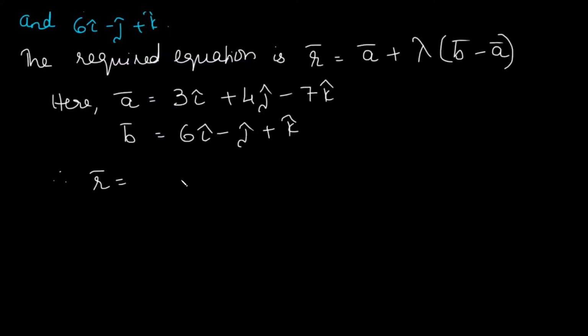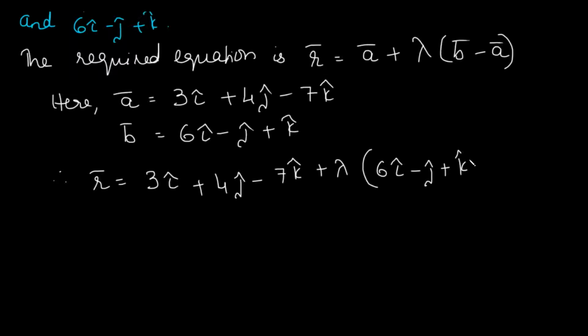Therefore, r is equal to, just substitute the values over here. So r is equal to 3i plus 4j minus 7k plus lambda (b minus a), that is the b vector 6i minus j plus k minus, now when you put a minus sign, remember all these signs are changing, so we get minus 3i minus 4j and plus 7k.